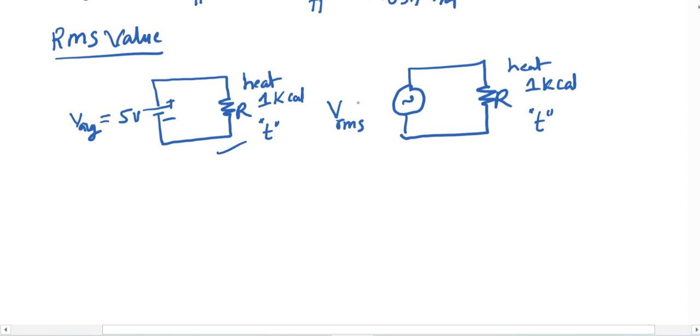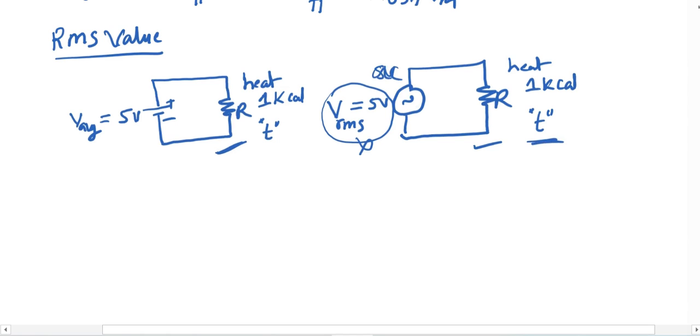This is the Vrms voltage required to satisfy this condition with respect to that condition. If you do not use the Vrms concept, then whatever AC quantity you are using cannot dissipate 1 kilocalorie in the given time t.